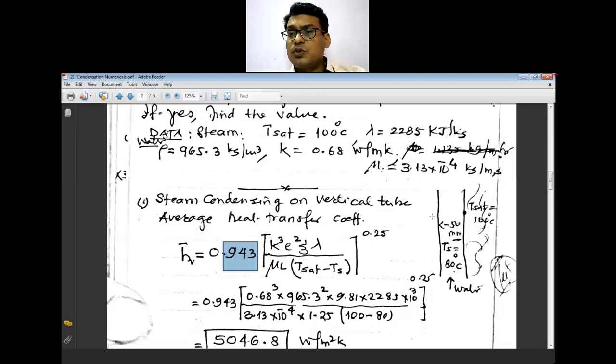This figure shows the 50 millimeter outer diameter, inside temperature is 80 degrees Celsius, outside temperature is 100 degrees Celsius, steam vapors. So h comes as 5446 watts per meter square Kelvin.